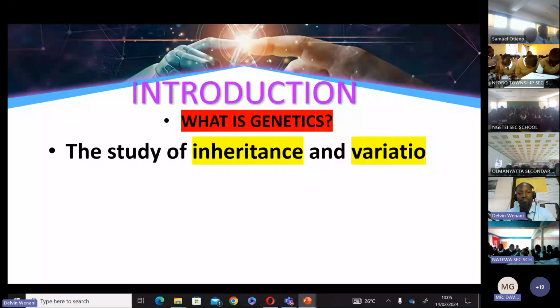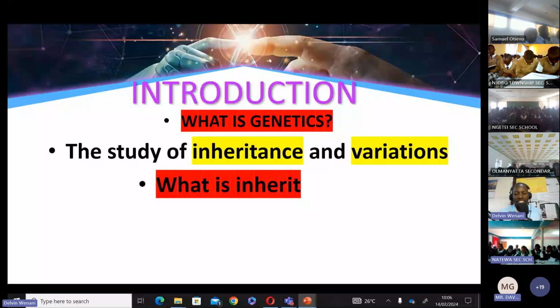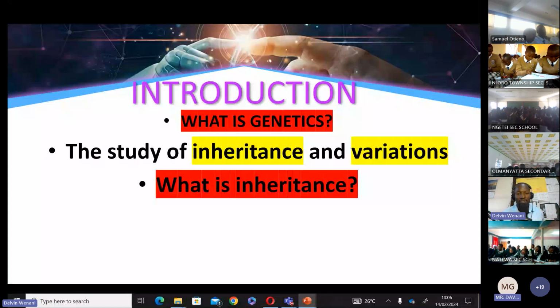As we proceed, we have talked about inheritance and variations. So what is inheritance? I'm talking about a parent passing some of their characteristics, some of their features, to their children.